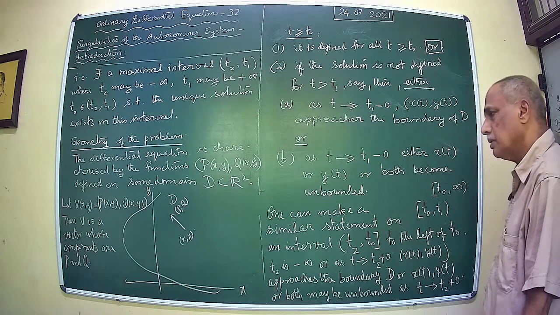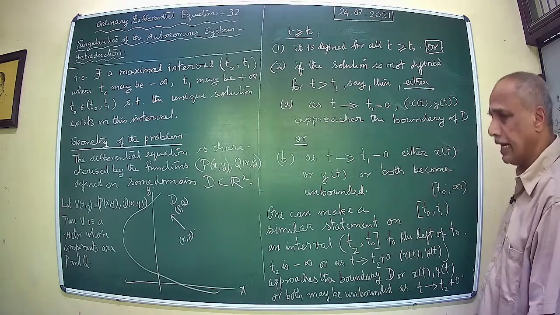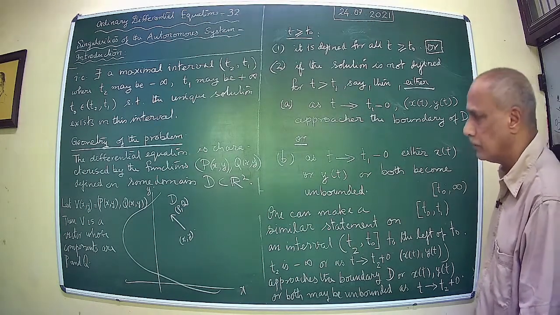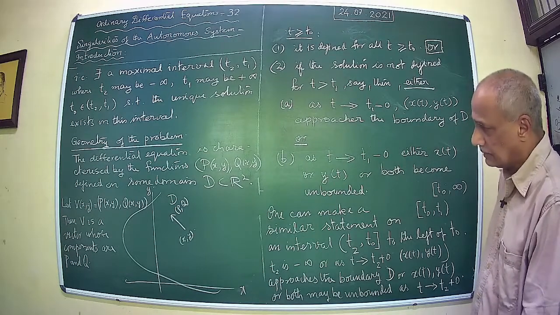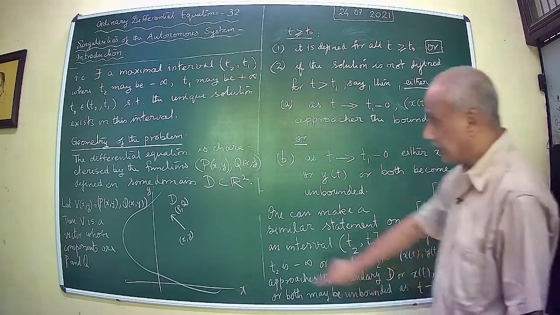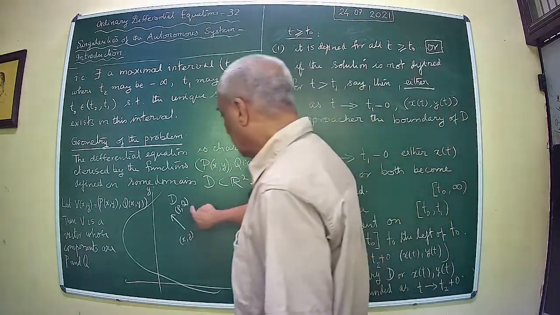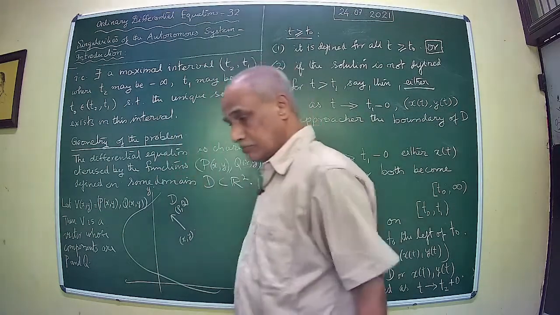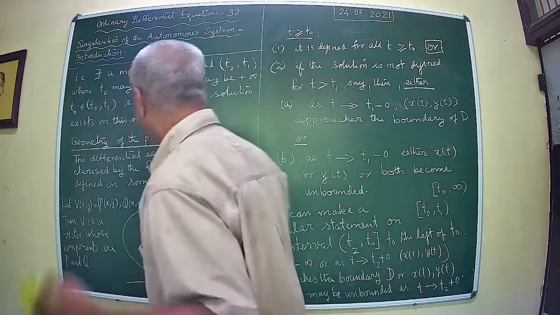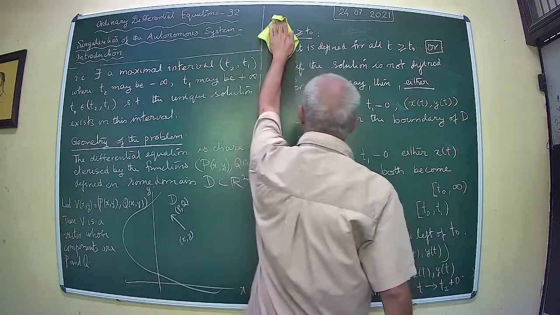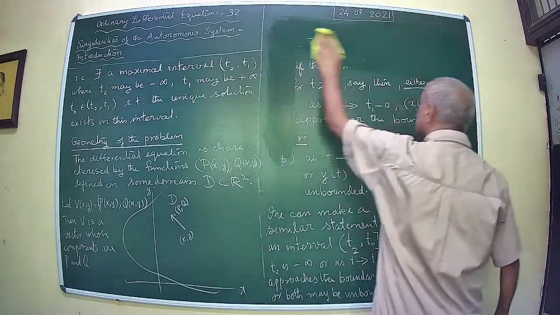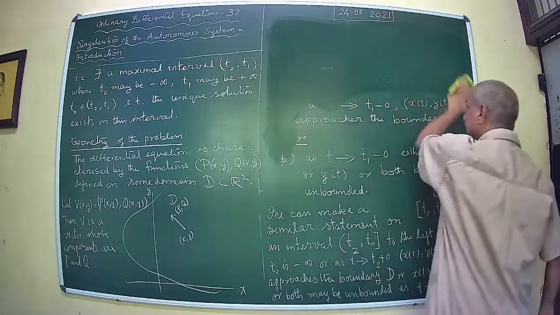Okay. Now our assumption that this is an autonomous system tells us that for all time t, this direction is the same. So the system is autonomous. So what is happening?